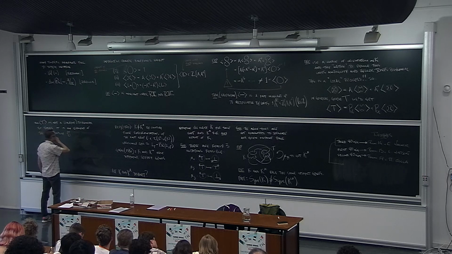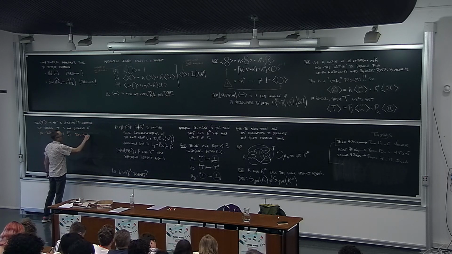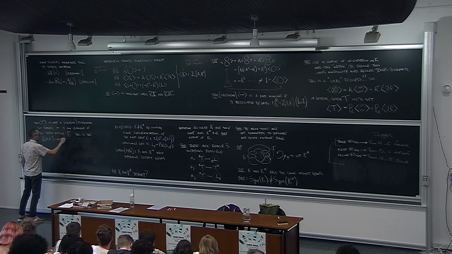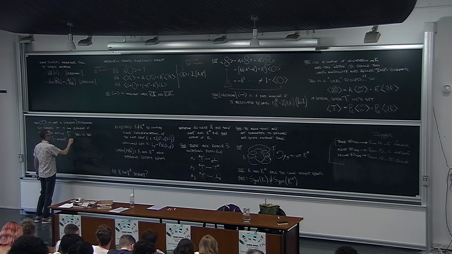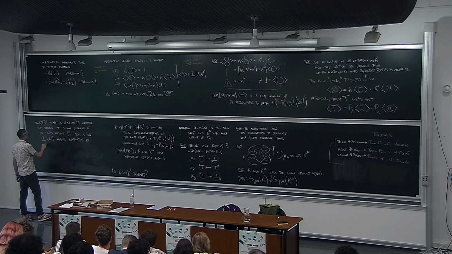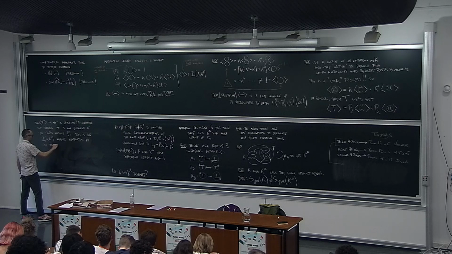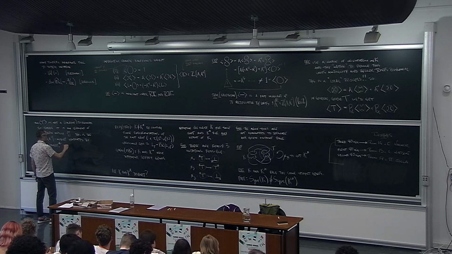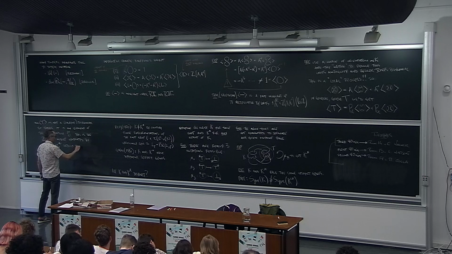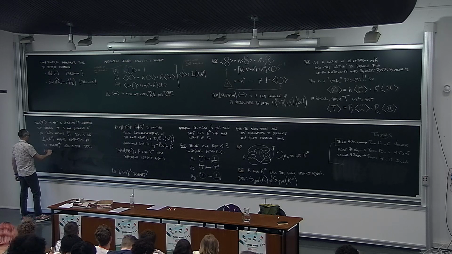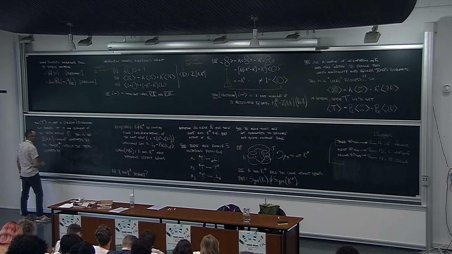So what is this? Is the module, coefficients in the Laurent polynomial ring, generated by all tangles, footnote coming, generated by all tangles modulo the ideal generated by the pair of local rules.